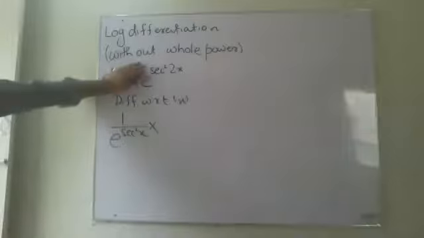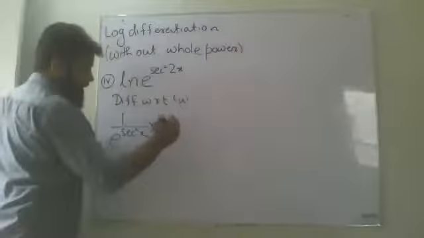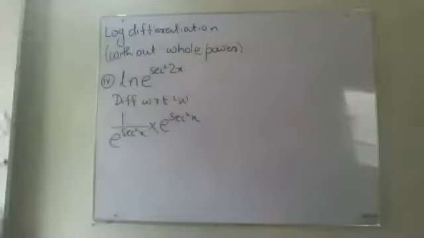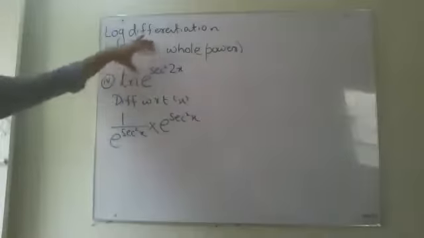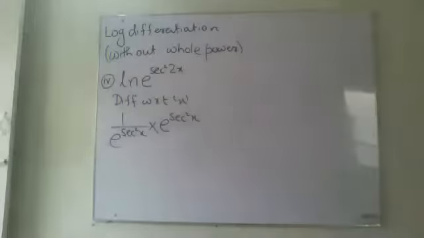After that, I am going to differentiate this thing. What is that? That is my exponential differential. So in exponential differential, I know that this will be written as e sec square 2x. In exponential differential, whatever is the thing, it is written as it is. Okay, that is also done.